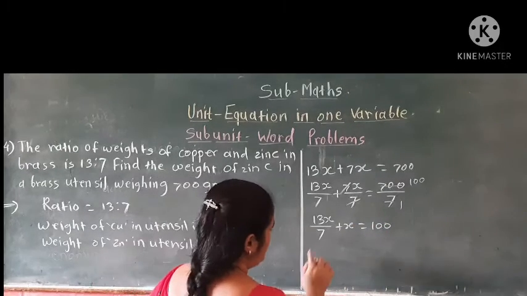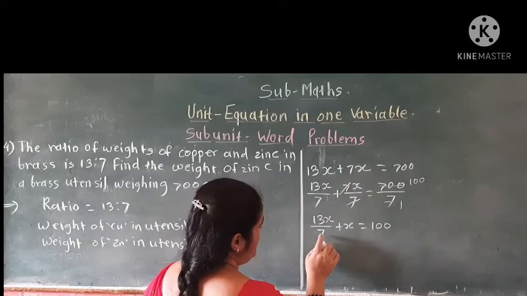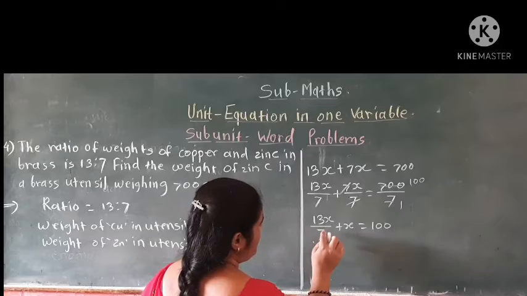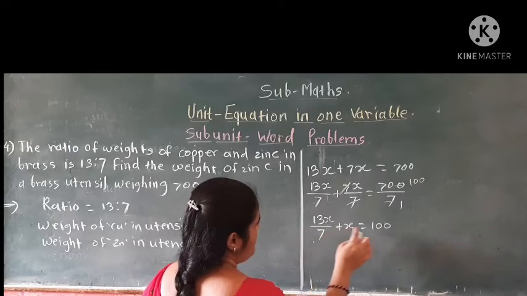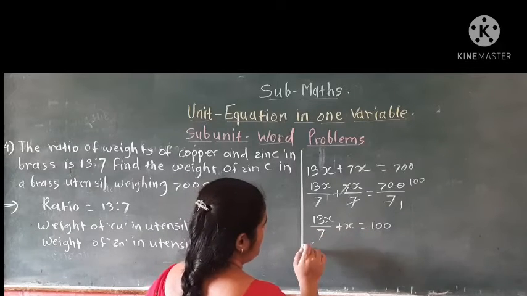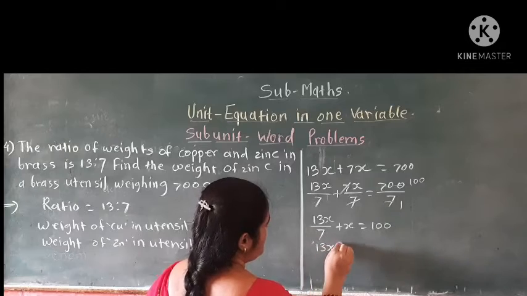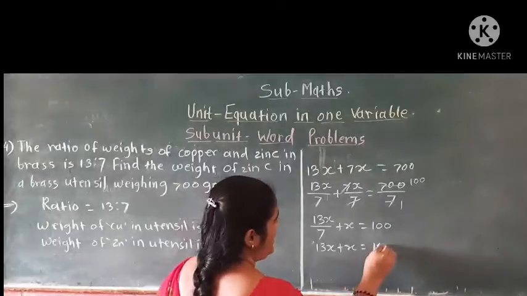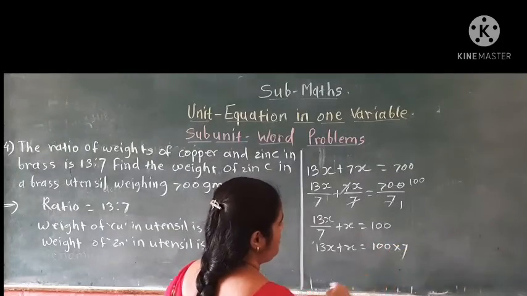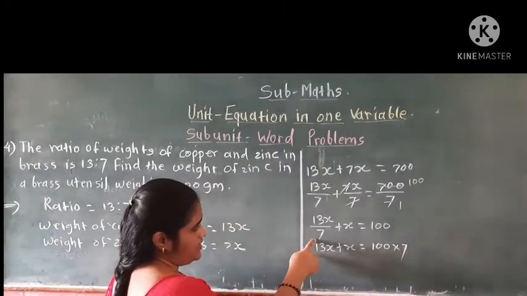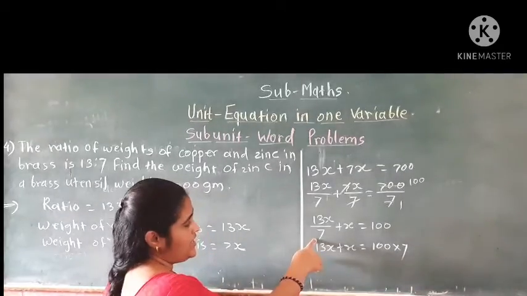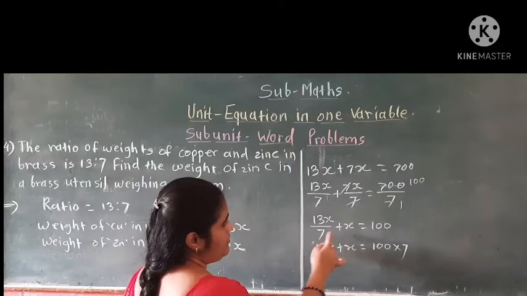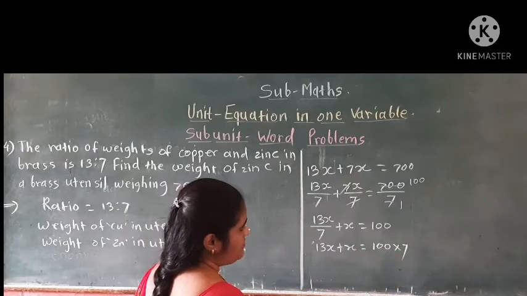Then the 7 will be converted into multiplication form. 13x plus x equals 100 into 7, because 7 is present in division form on the left hand side. If we transfer it to the right hand side, the division is converted into multiplication.